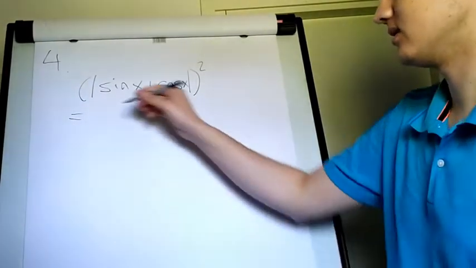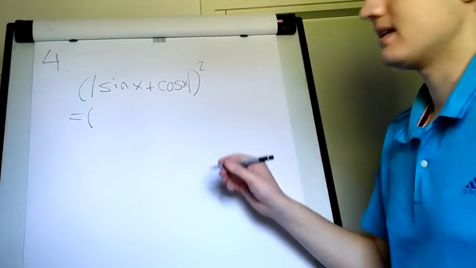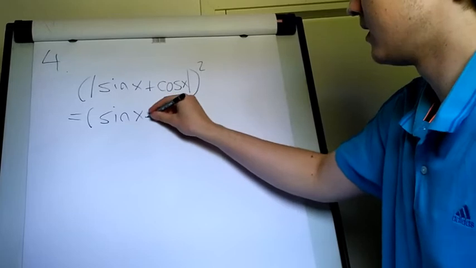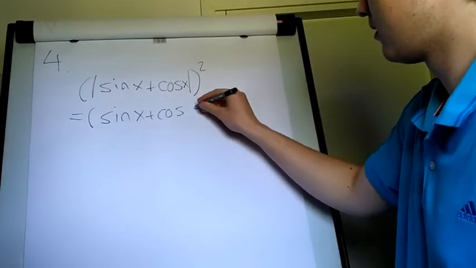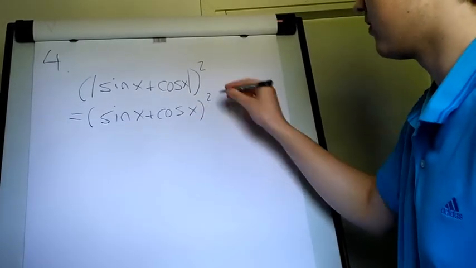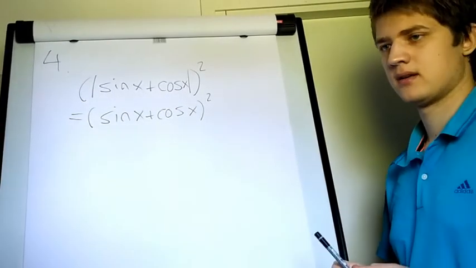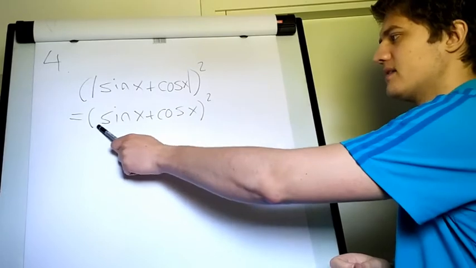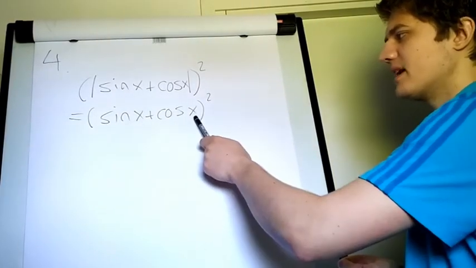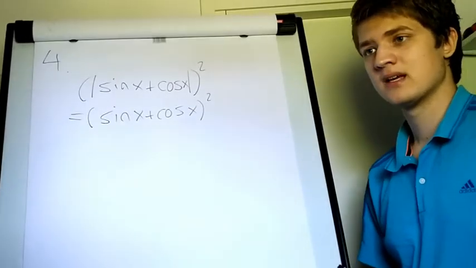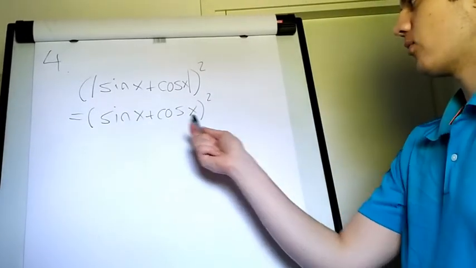So we can actually write this as the square of just sine x plus cosine x, because it could as well be the square of minus sine x minus cosine x, and that would be the same. And then how do we square this?